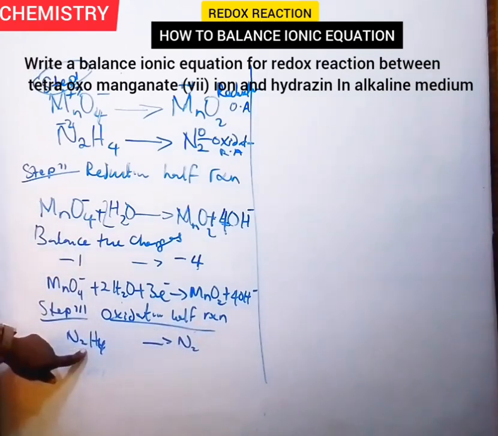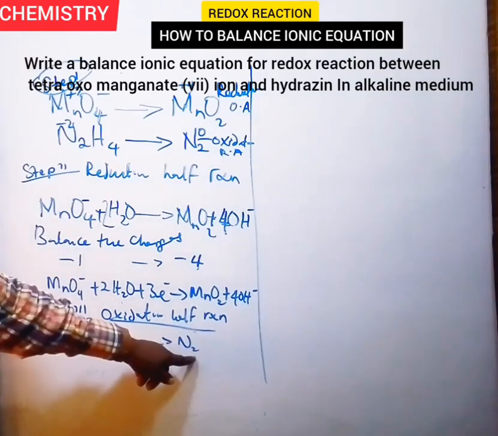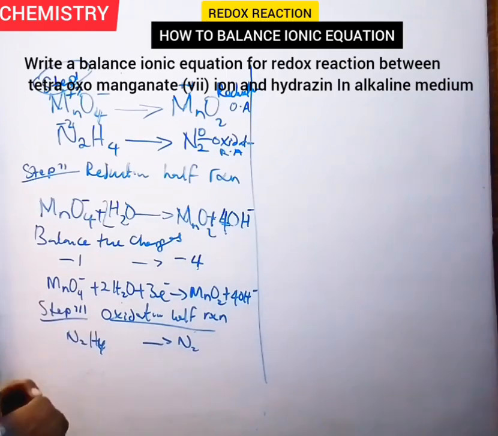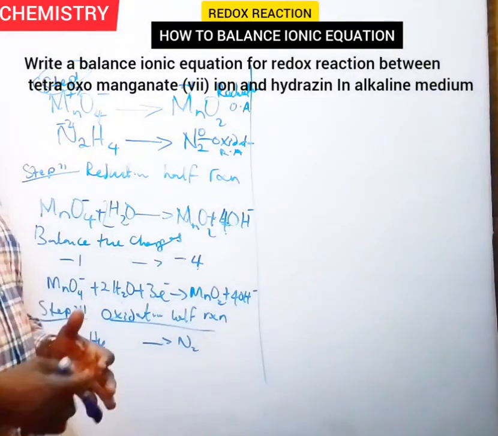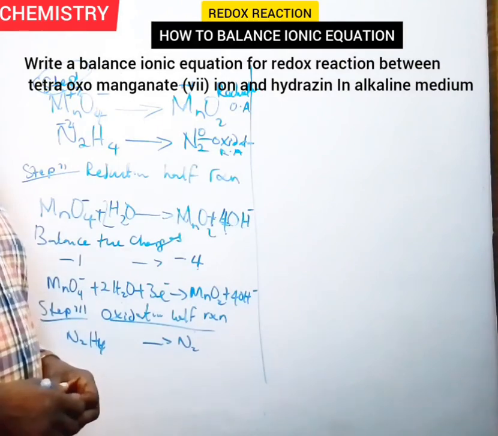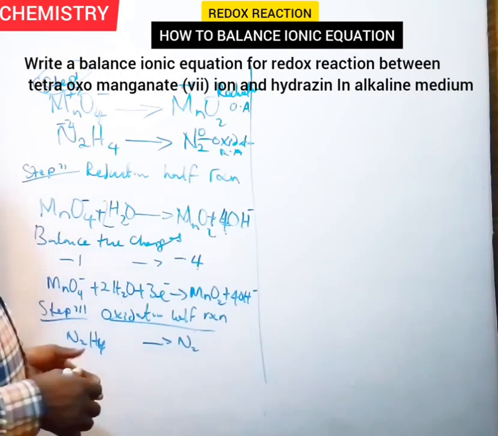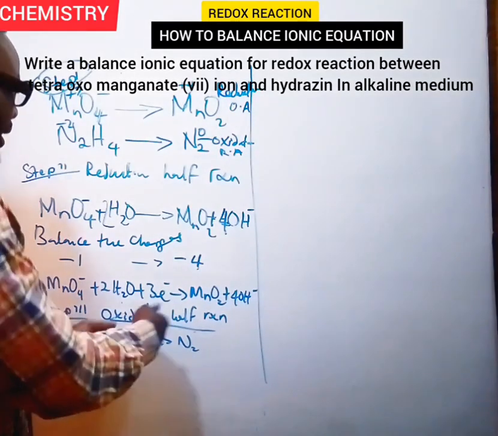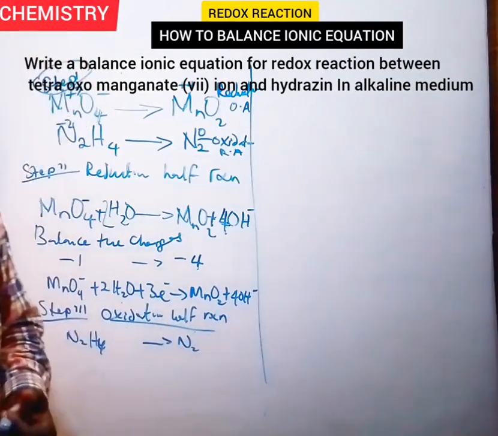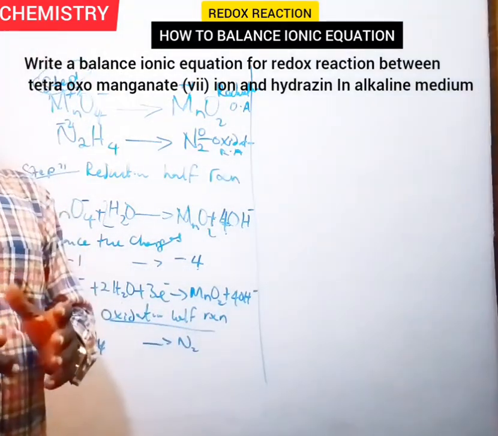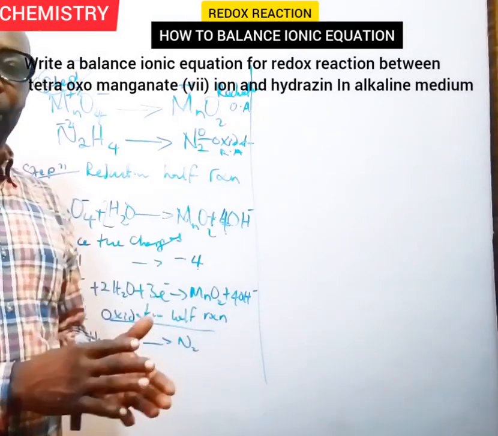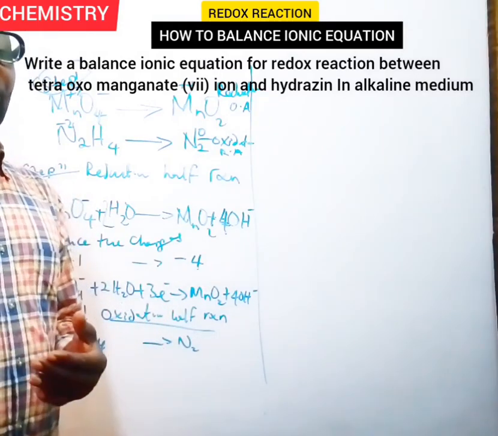You see that this hydrazine here leads to nitrogen here. We need to balance the equation as well. So in that regard, you have to add hydroxide to this side, then add water to this side. Please take note, in alkaline medium, you add hydroxide instead of hydrogen as in acidic medium.